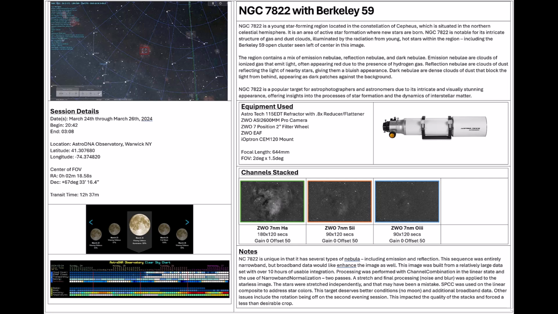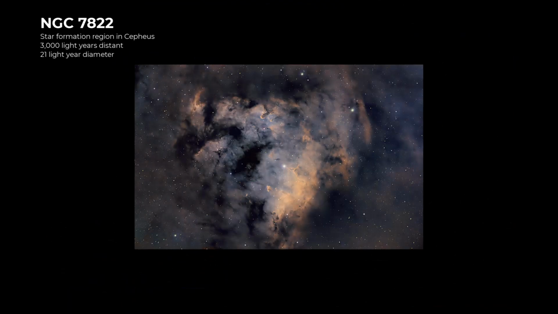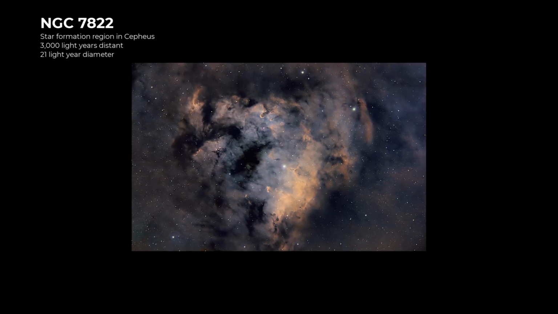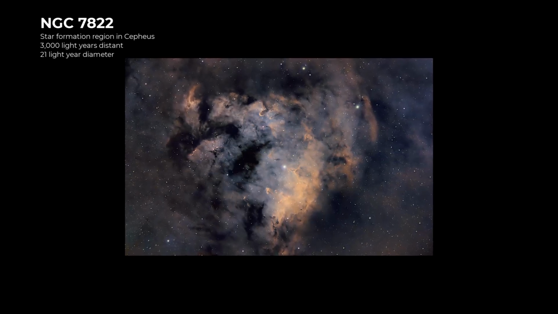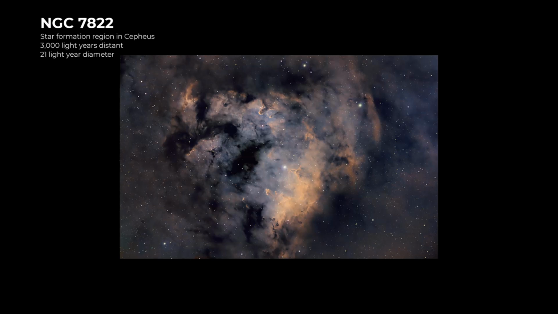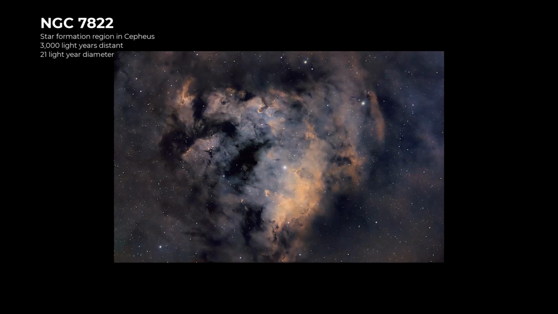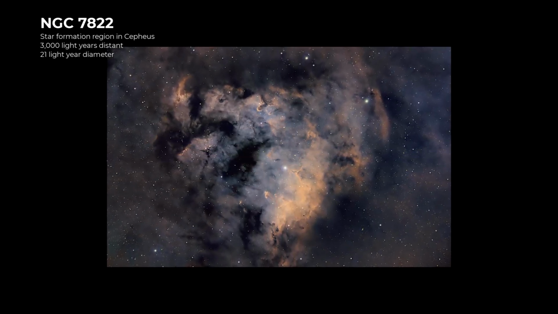All right, let's go ahead and actually go through the image itself. Okay, I want to start by acknowledging that this is a beautiful astrophotograph, and of course I'm biased. I captured the data, I processed the data, but I truly think that it's a beautiful image. It's got great color balance.